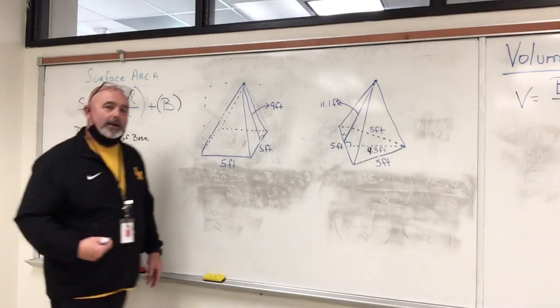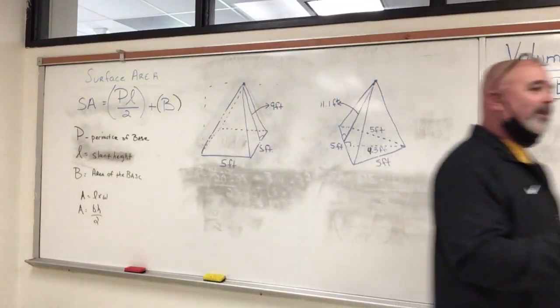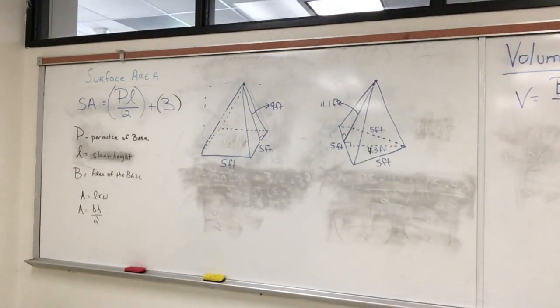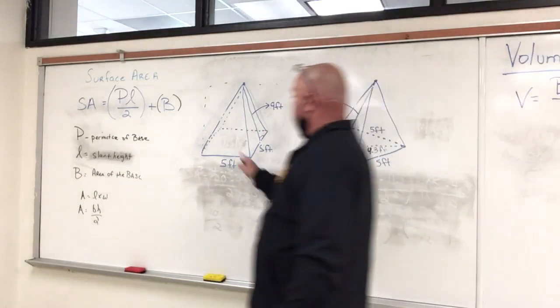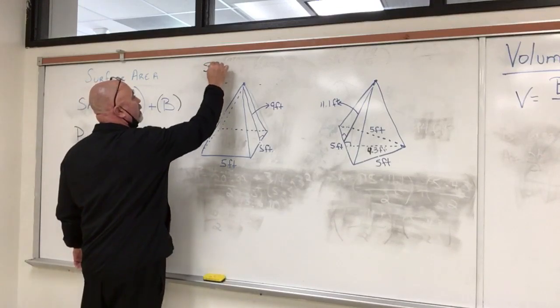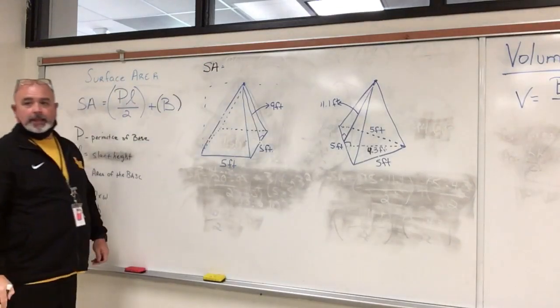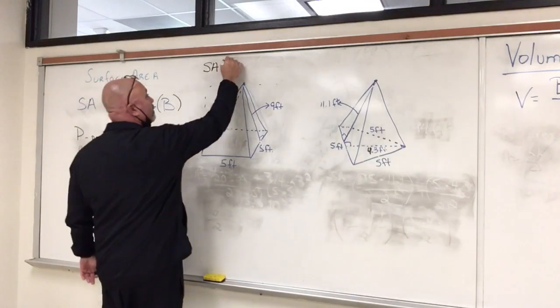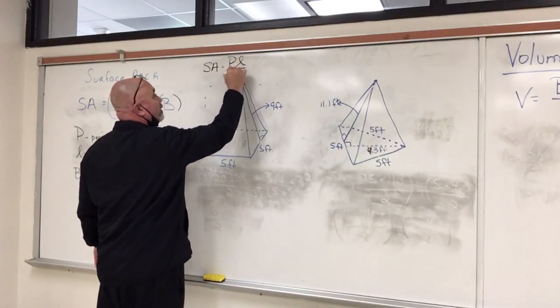The key here to doing these problems is this. Figure out what your base is and rewrite the formula to help you. Okay? And I'll show you what I mean by that. Let's find the surface area of this pyramid right here. I'm going to rewrite the formula to help me. I know that it's going to be P times l divided by 2.